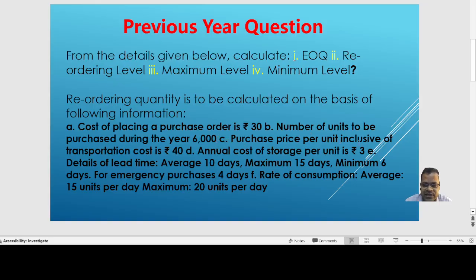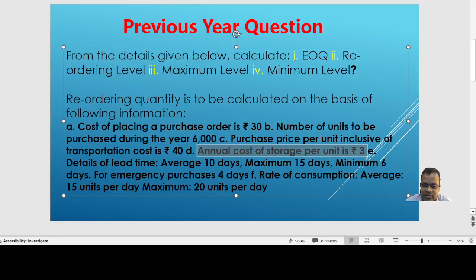Thirdly, the purchase price per unit inclusive of transportation cost is 40. The information then given is that the annual cost of storage per unit is 3 rupees. You have to see this as information related to carrying cost.